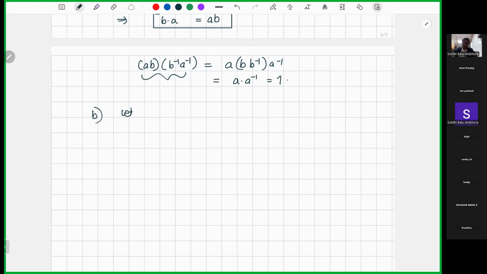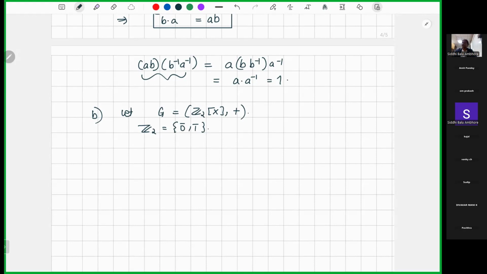Let G be equal to Z2[x] with respect to addition. I hope you know what Z2[x] is. Z2 is just 0 bar, 1 bar, and Z2[x] are polynomials such that coefficients are coming from Z2.